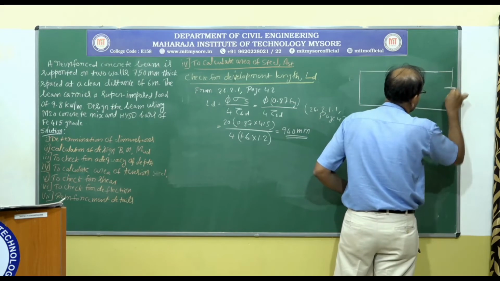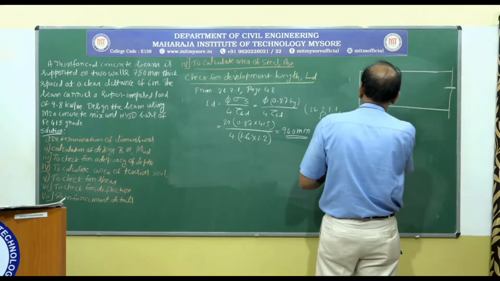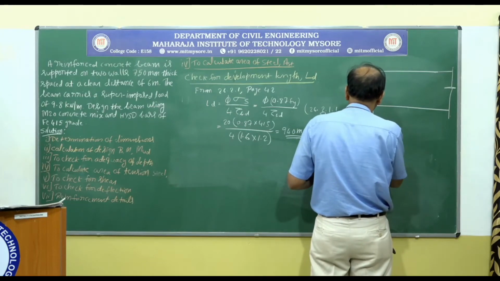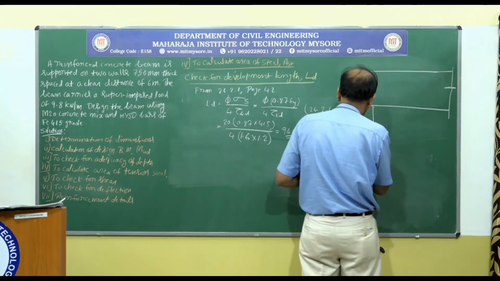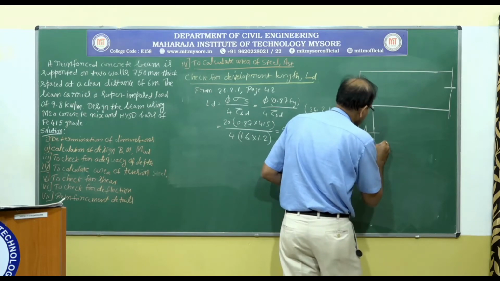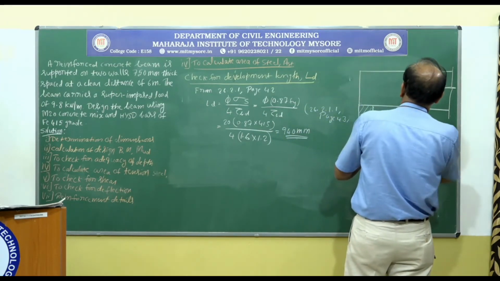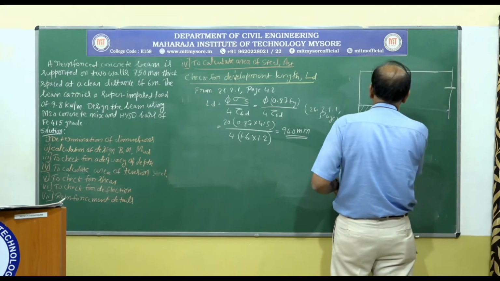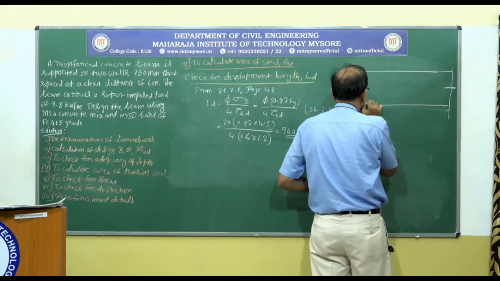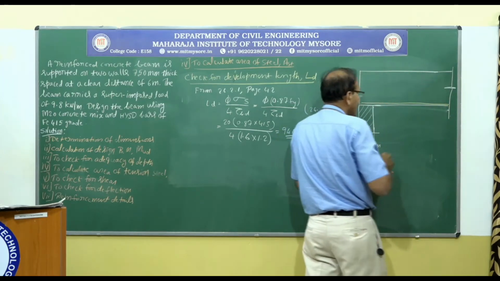This is the beam and this is the support of 750 millimeter, support width is 750 millimeter, okay, and we have 3 bars of 20 millimeter diameter.